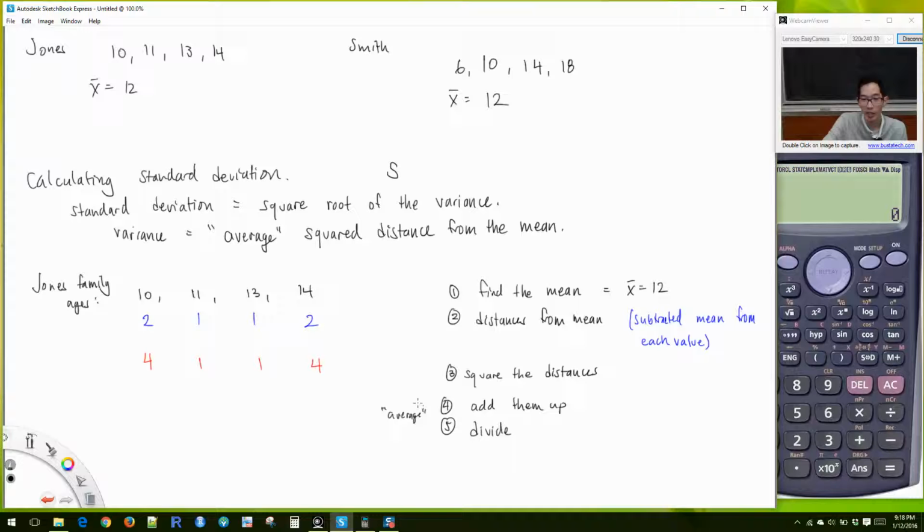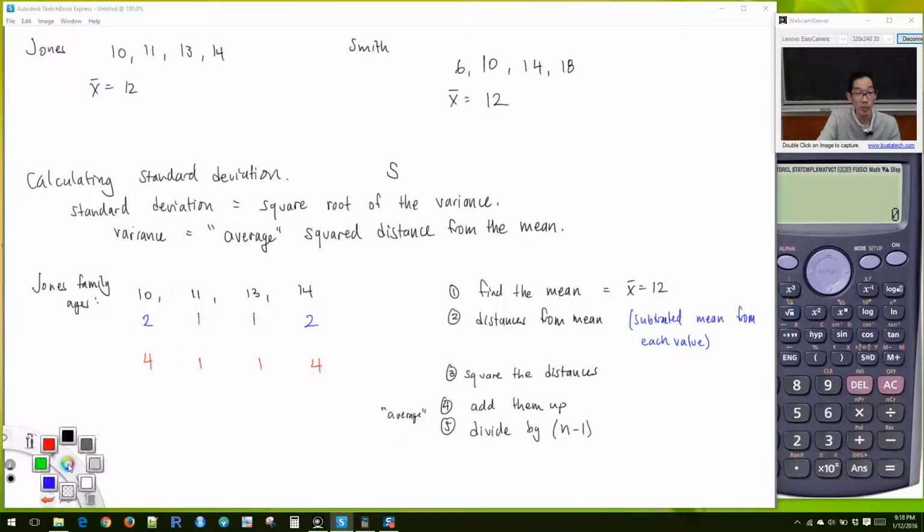But I have average in quotes, which is divide by the quantity n minus 1, okay? And this is a funny thing known as Bessel's correction. You don't have to worry about the math behind it. There's a good reason why we use n minus 1, but all you have to worry about is that we do this. So we're going to add these numbers up and divide, but instead of 4, we're going to divide by 3.